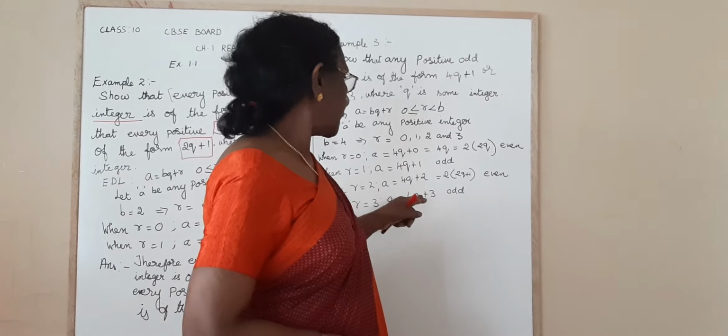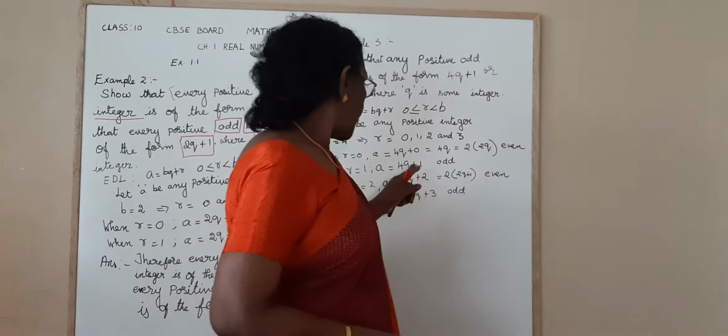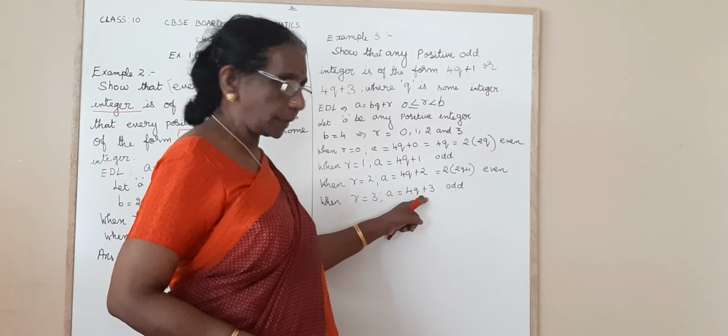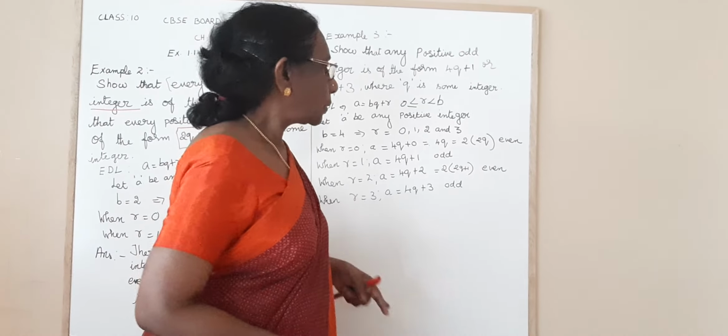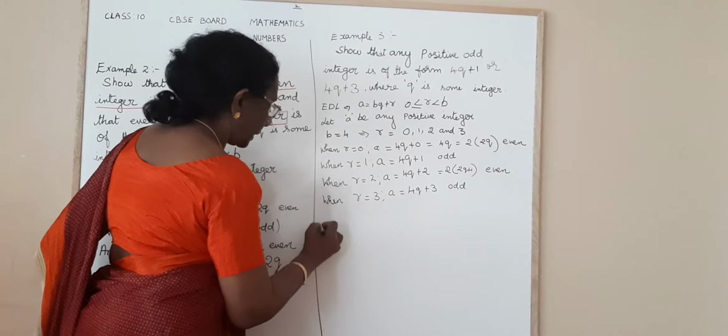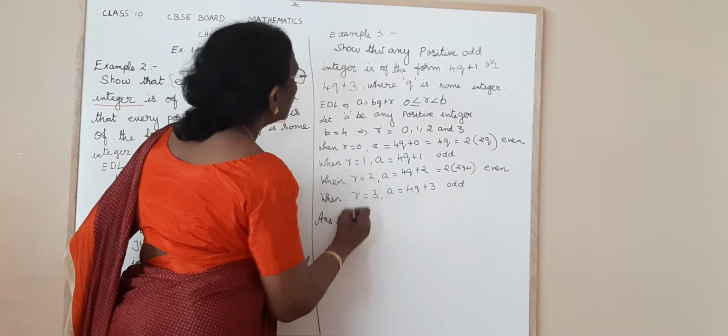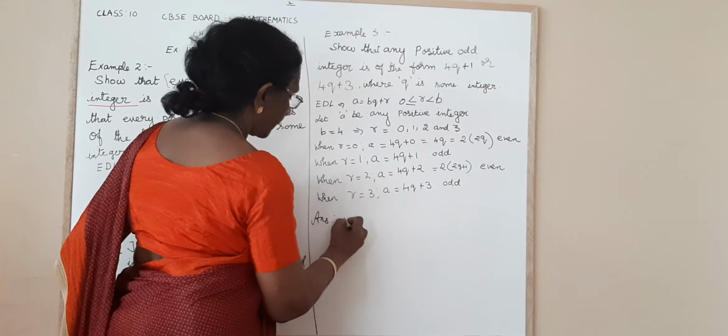So even plus odd is odd number. So we have written all the things. So among these, which odd number is of the form 4q plus 1 or 4q plus 3? Have you understood? So now let us write the answer. From the question itself.